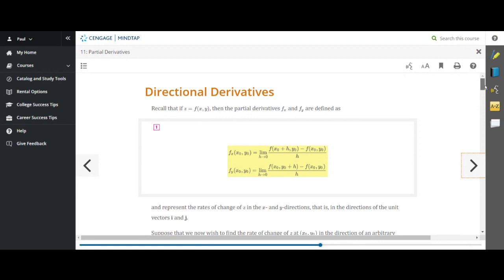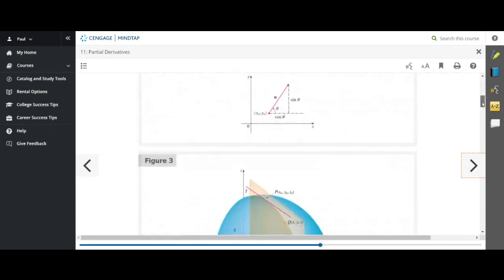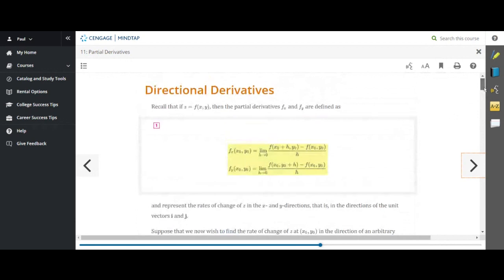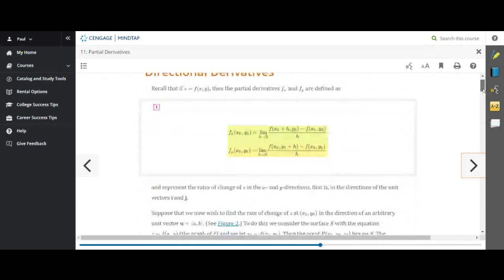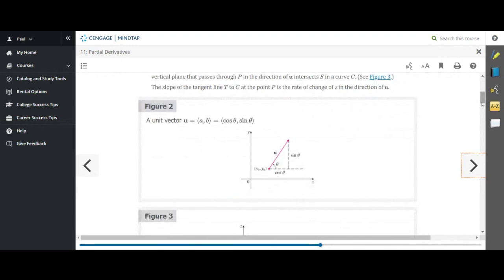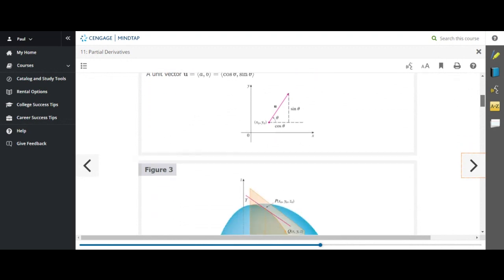But here below, let's say you had a unit vector in the direction of AB, and it's not on one of the axes. Well, what would the definition of the partial derivative be in this direction u, which is clearly not in the direction of the x or y axis?